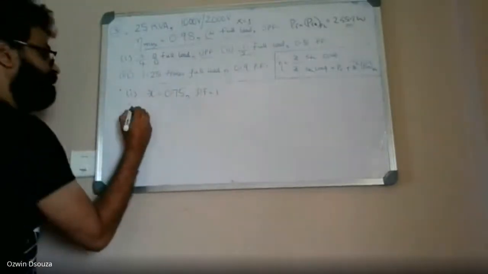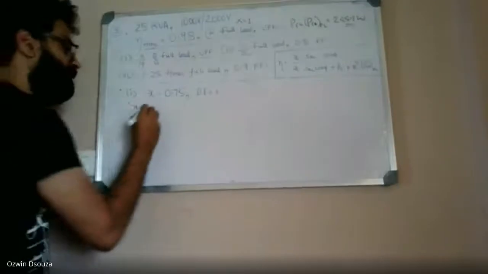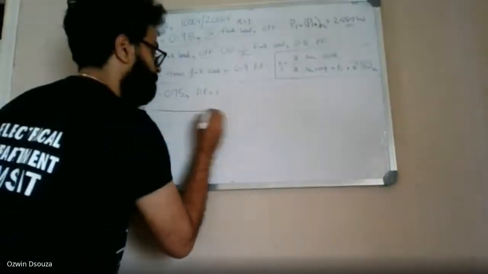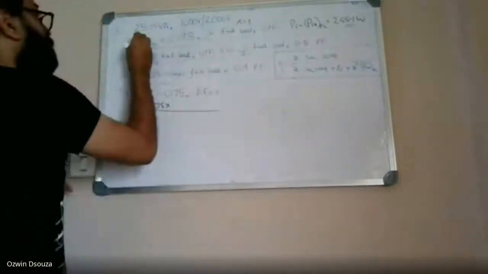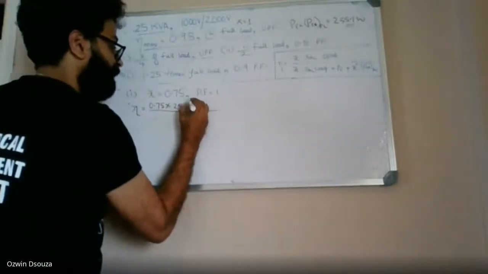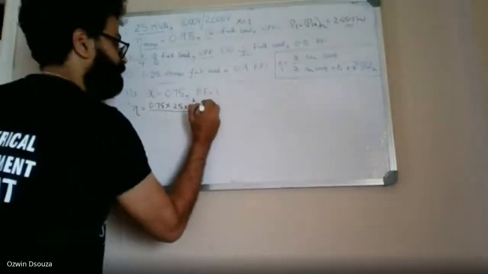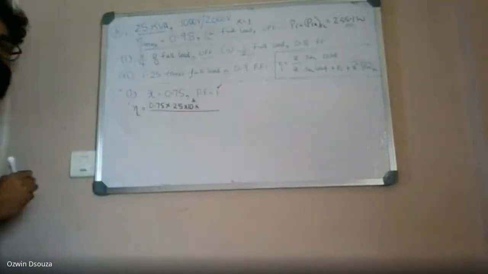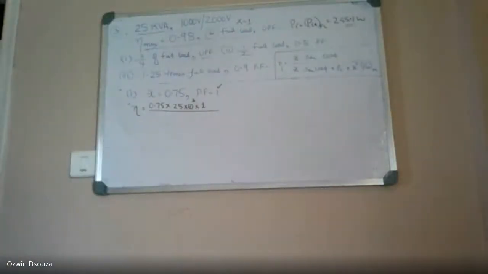So this is the formula which I have written so that you can quickly refer while substituting the values. So let's find out eta. What is eta? X, which is 0.75, into SFL. What is SFL? 25, that is the full load rating of the transformer, 25 kilo into cos phi. They have asked you to calculate the efficiency at unity power factor, hence cos phi is 1.